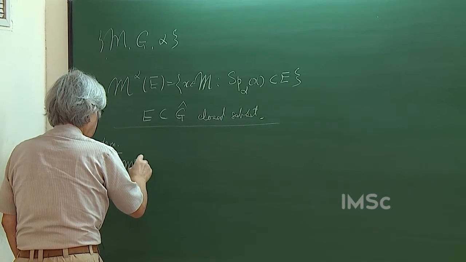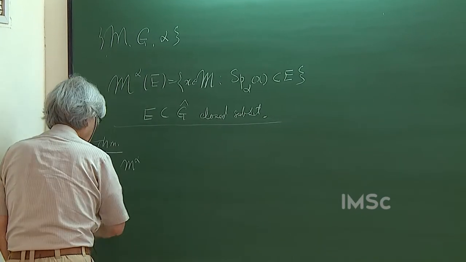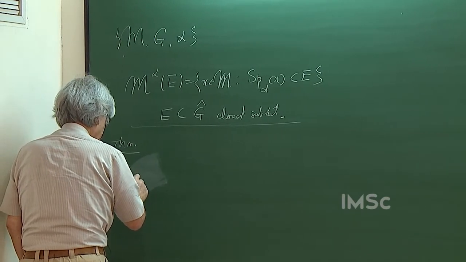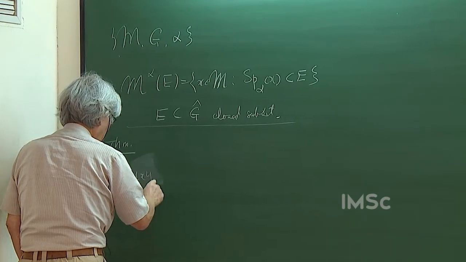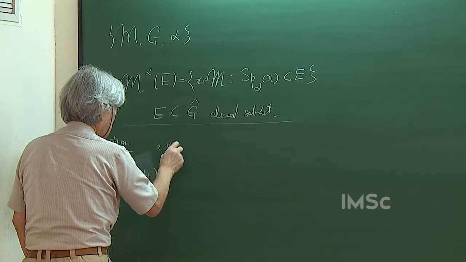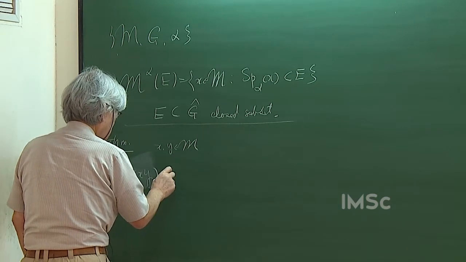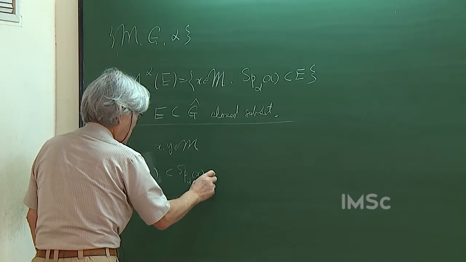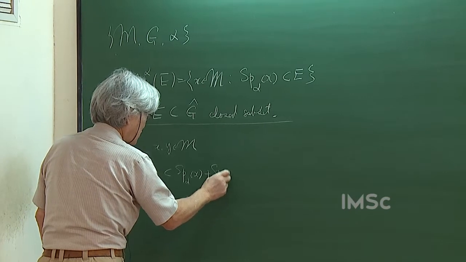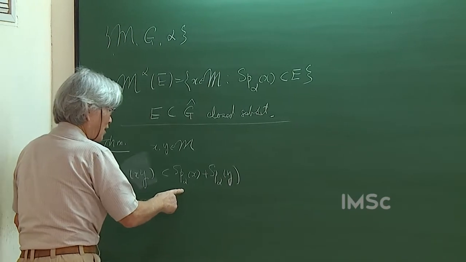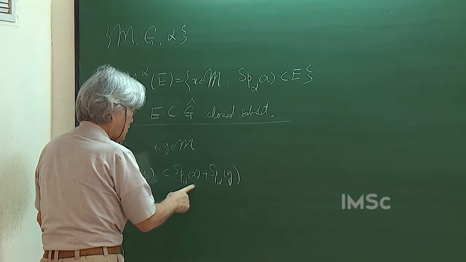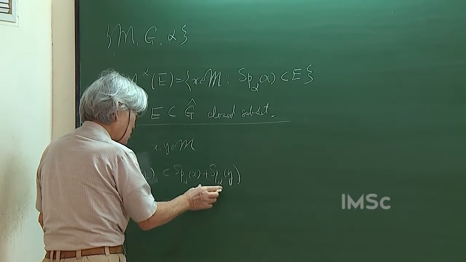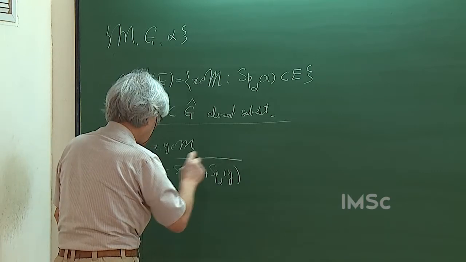Maybe I write it there. The spectrum alpha of X plus Y, with X and Y in M, is contained in the spectrum alpha of X plus the spectrum alpha of Y, and unless one is compact, the set of sums is not necessarily closed, so you close it.